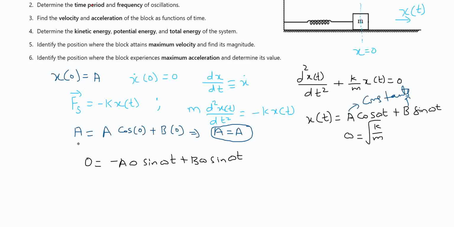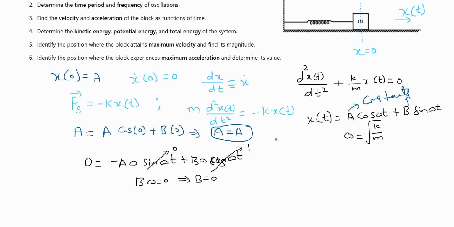Now we substitute 0. The sine term will become 0, and cos 0 will be 1. So we get b omega equal to 0, so b is 0.